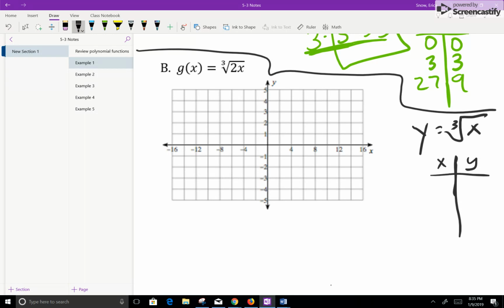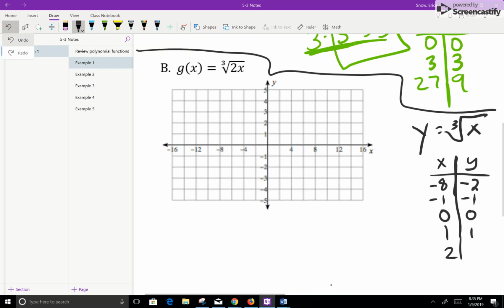So we know that -8 is a perfect cube, and the cube root of that is -2, -1 and -1, 0 and 0, and finally 1, 1, 2, and 8. Ooh, did that backwards.